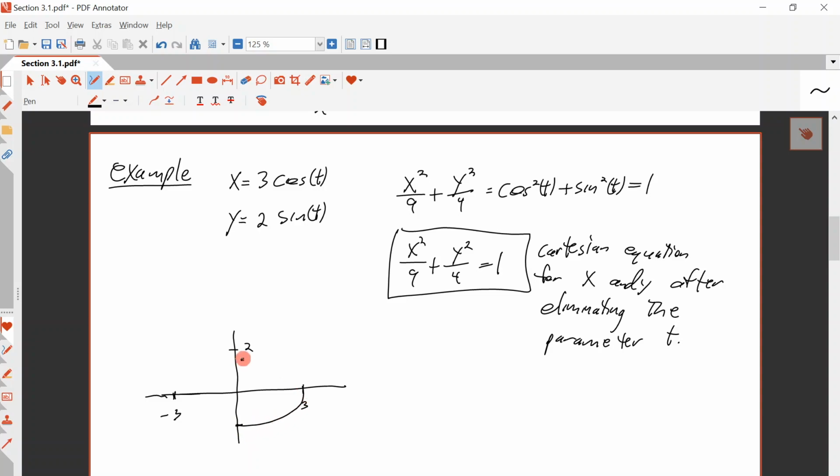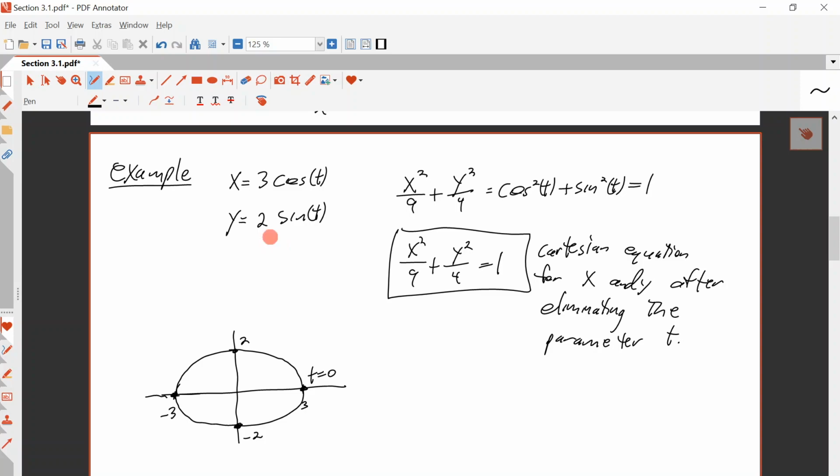Well, check out some different values for t. At t equal to 0, we're at 3, 0. So this is t equal to 0 right here.